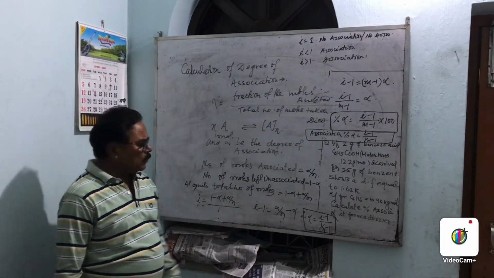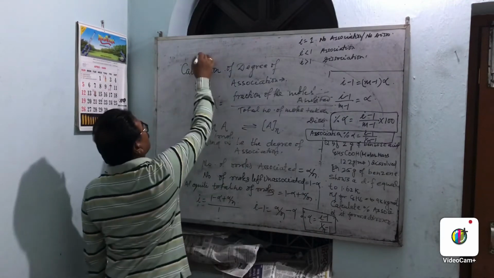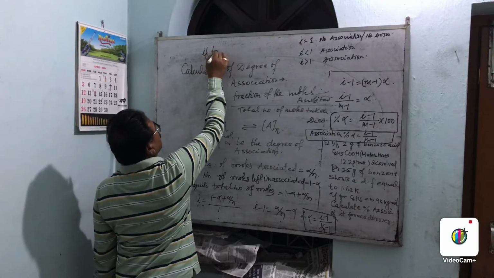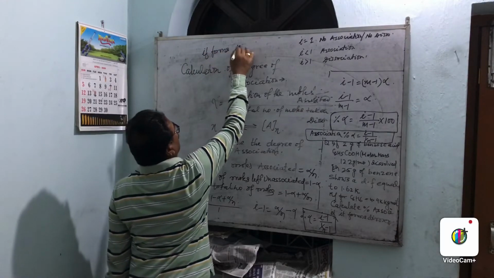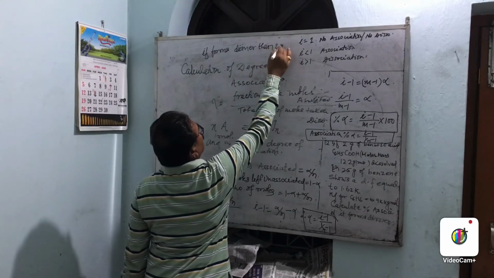Now, if it forms a dimer, then n is equal to 2.